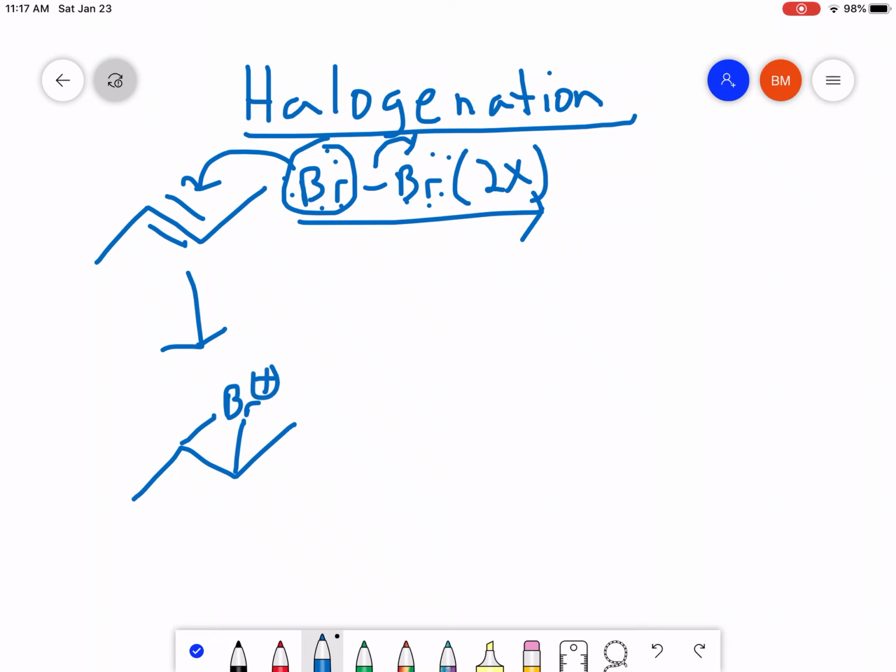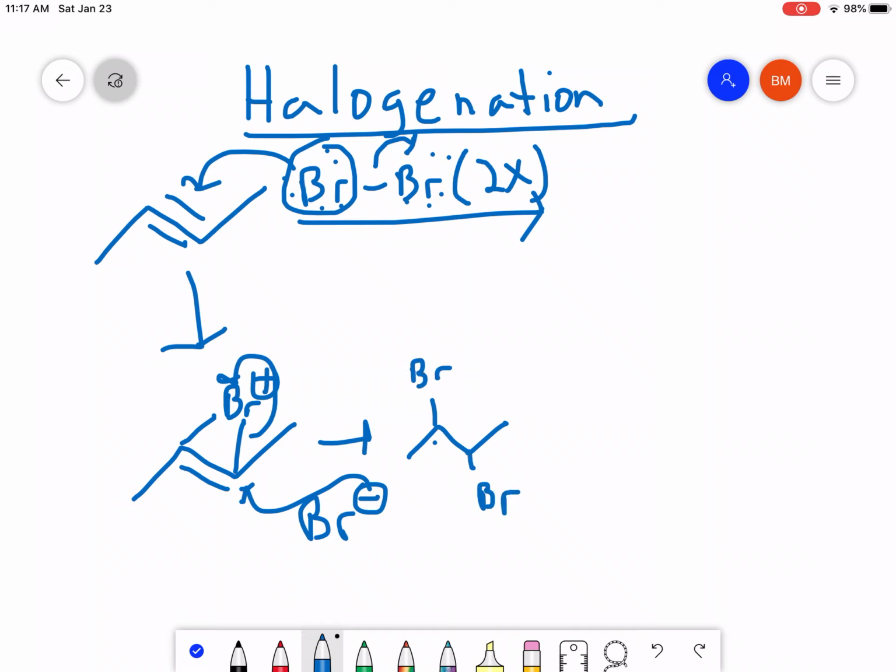It forms the bridged bromonium, just like I did with alkenes. The only difference is our bridged bromonium has one extra pi bond that's left over. Then your other Br comes in, breaks open the ring, and you get this. And that's the end of stage one of the reaction.